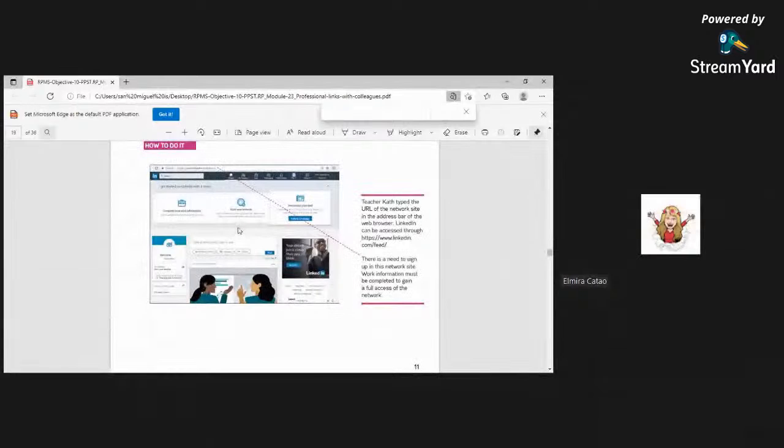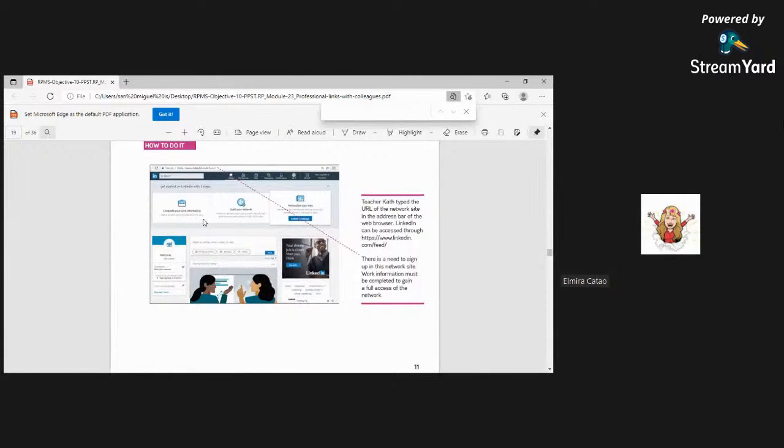Then after signing up, you can explore posts that are relevant to your lesson about advocacy campaigns and any related subject matters that you are going to teach. You can also post, you can also share your knowledge.